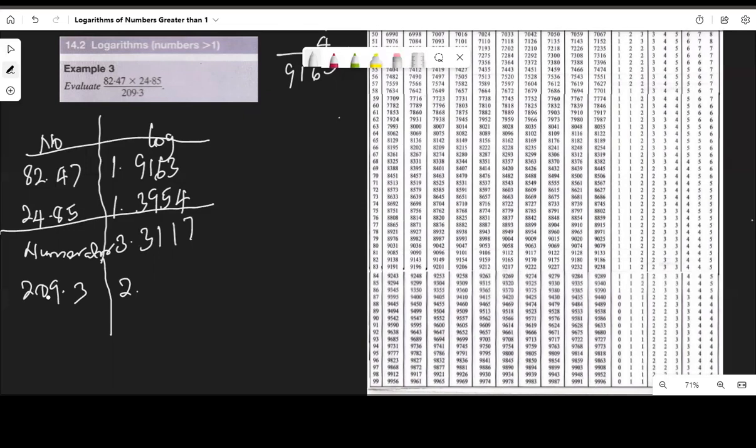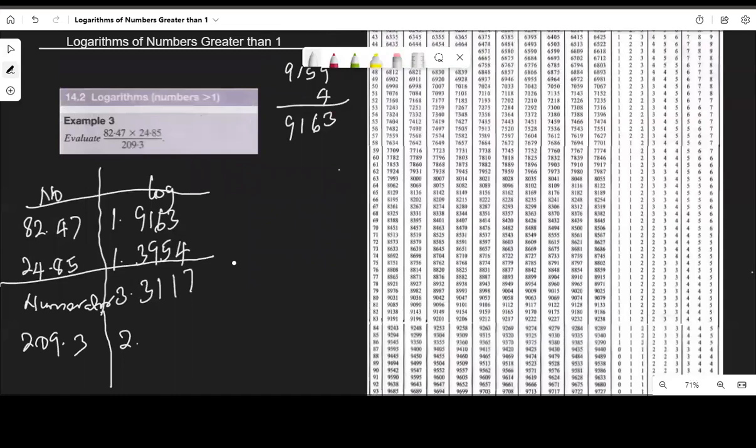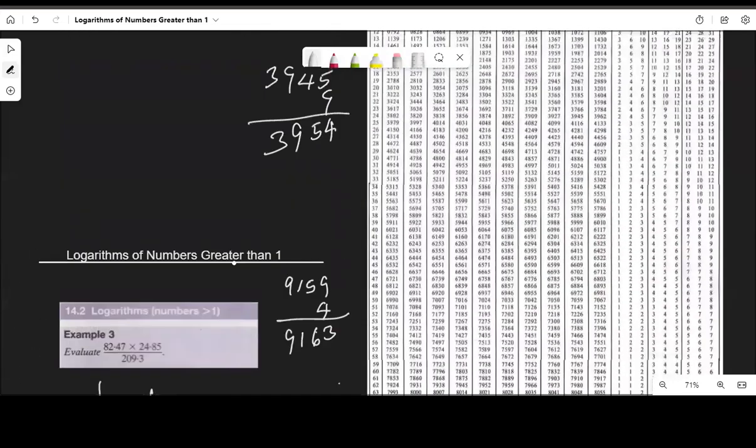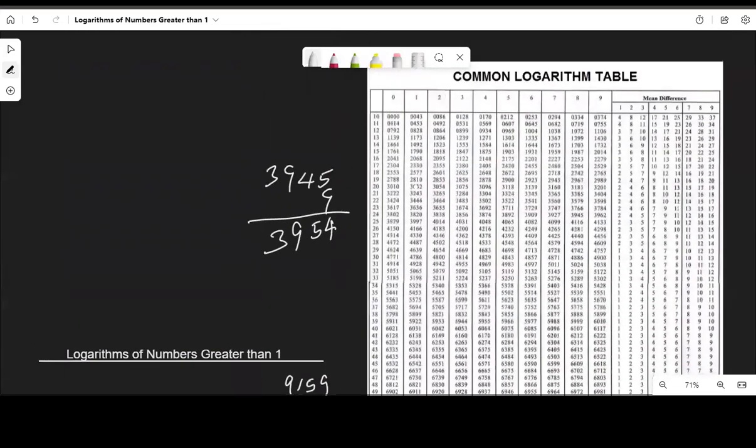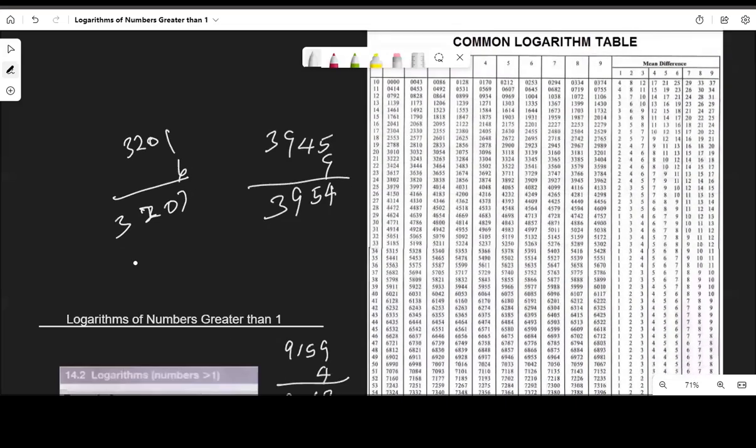The logarithm of 20 under 9, difference of 3. 20 under 9 is 3201. Difference of 3 is 6. Add it, that is 7 there. So 3207.